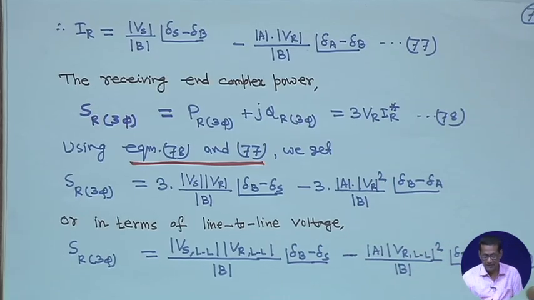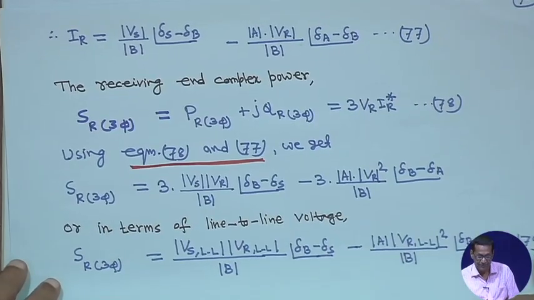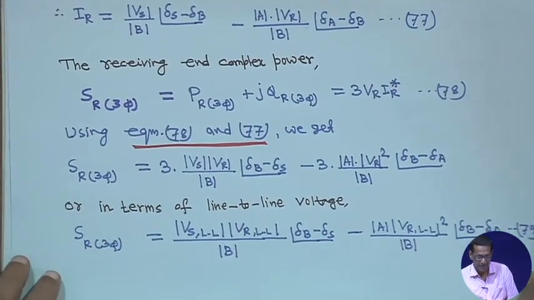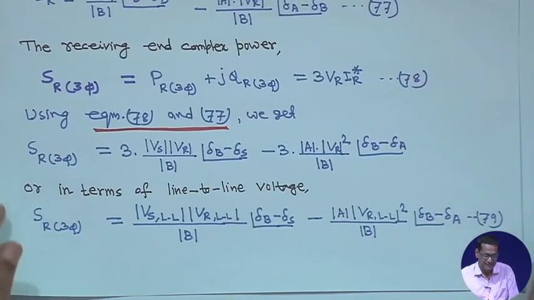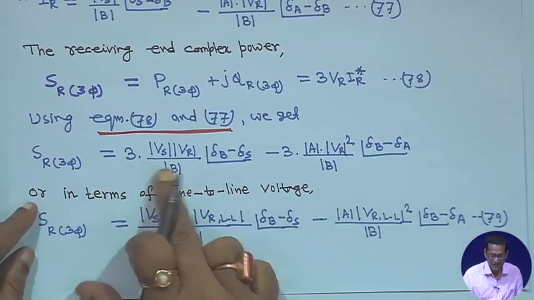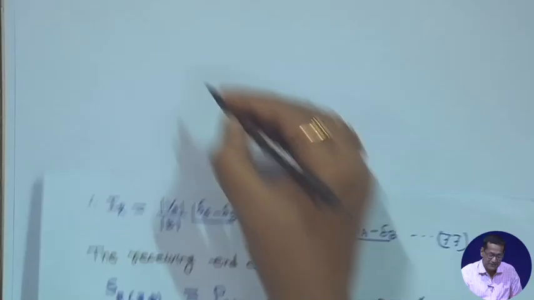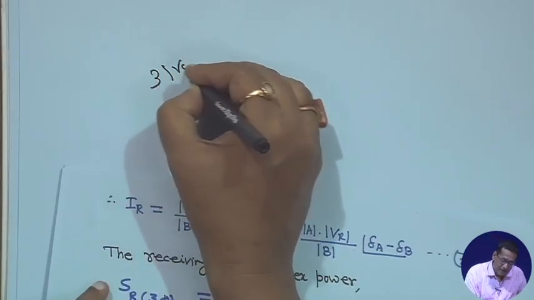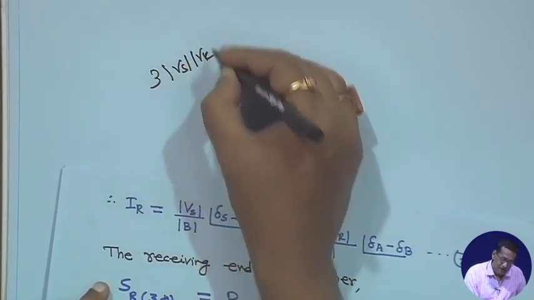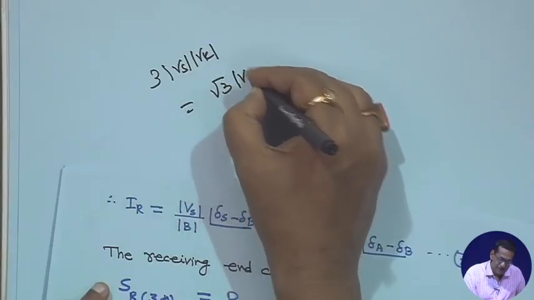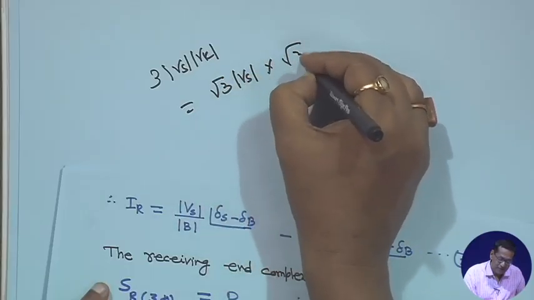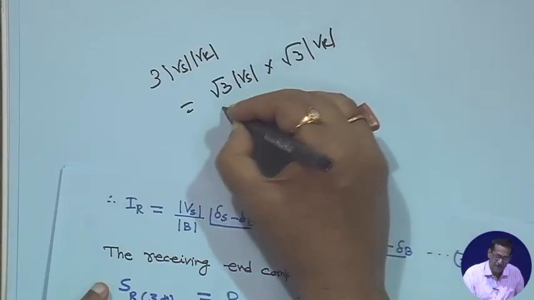In terms of the line to line voltage, we can write this expression. 3 Vs Vr can be written as root 3 into Vs times root 3 into Vr.